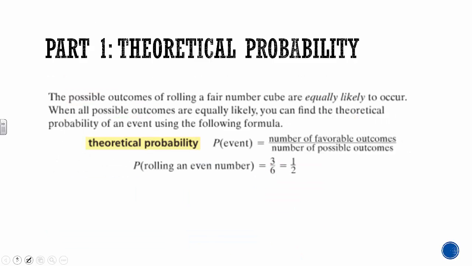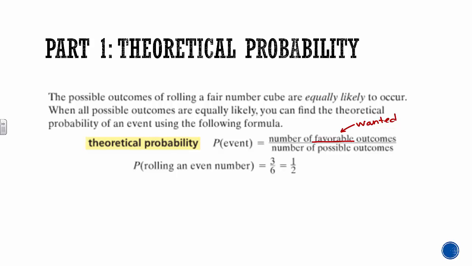The possible outcomes for rolling a fair number cube are equally likely to occur. There's not one side that has like 2 2s on it. So when all possible outcomes are equally likely, you can find the theoretical probability by using this formula. The probability of an event happening is the number of favorable outcomes, the wanted outcomes, by the number of possible outcomes.